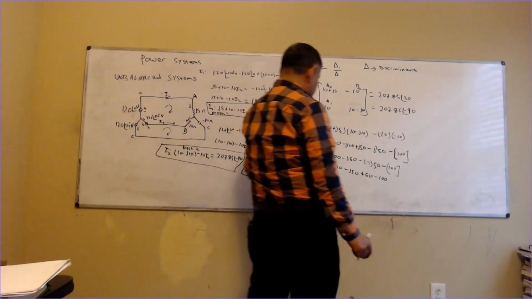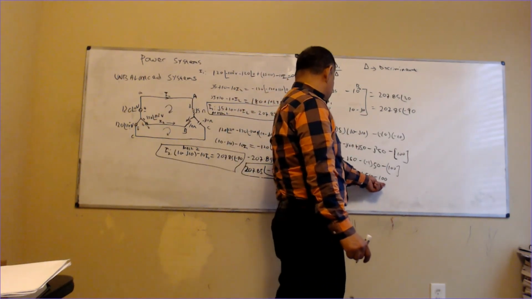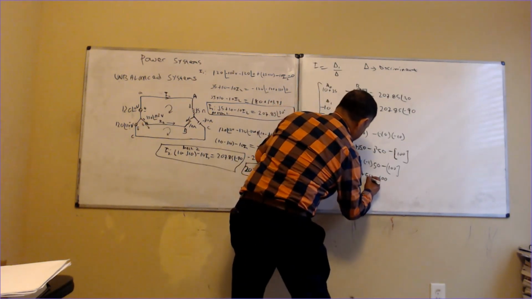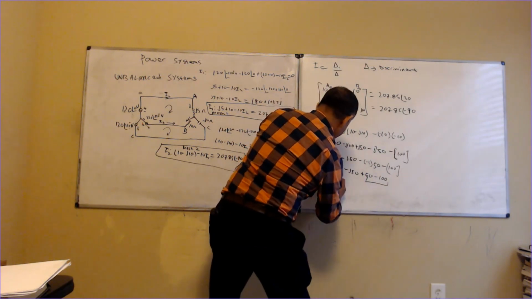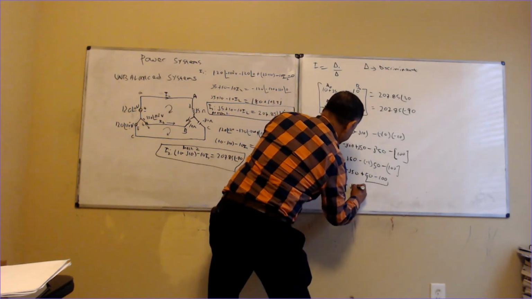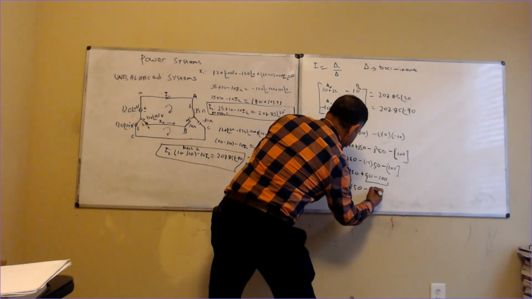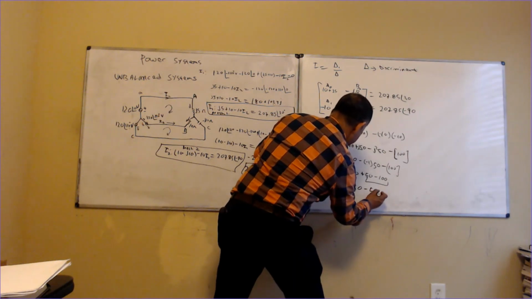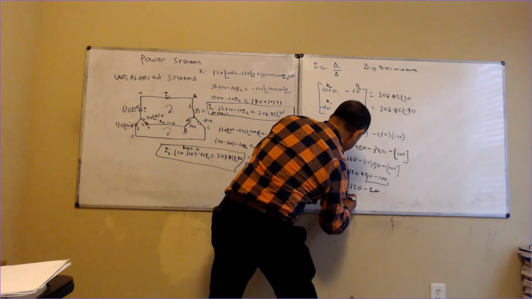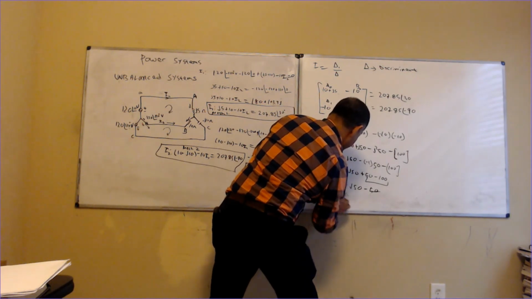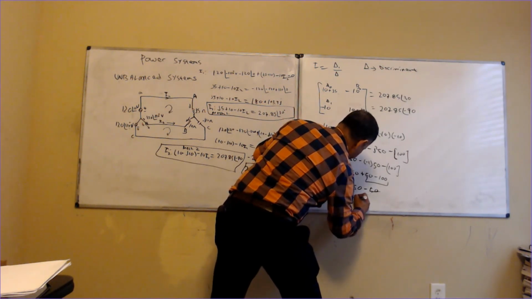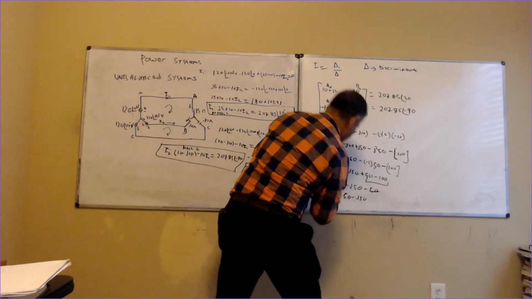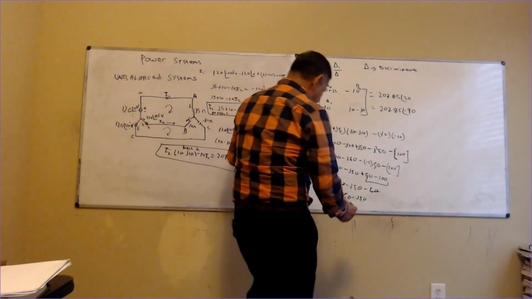So now adding this and this, it's going to be negative 50, so it's going to be 100 minus J50 minus 50. And then adding this and this, this is negative J50. So okay, that is right.